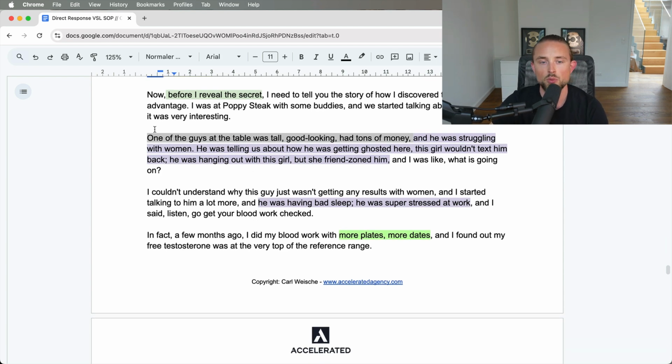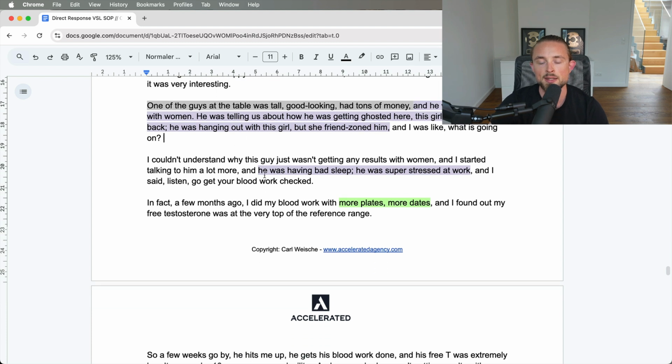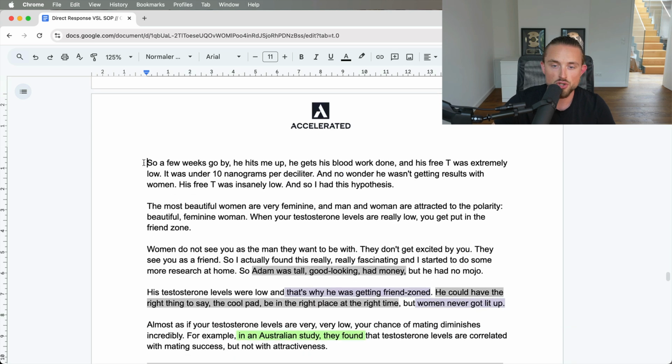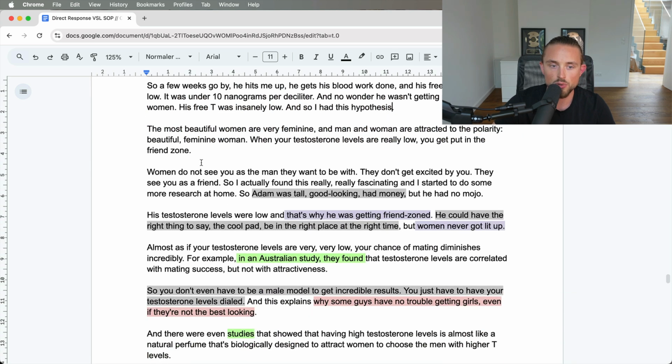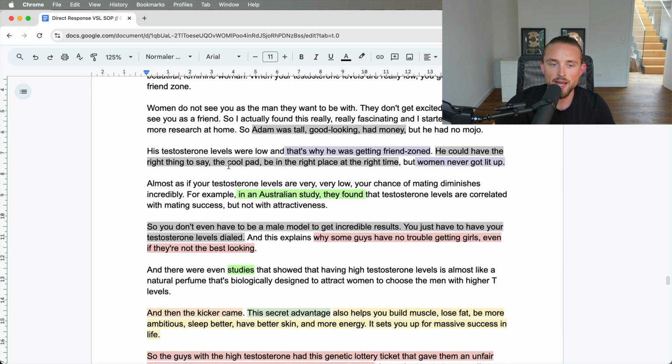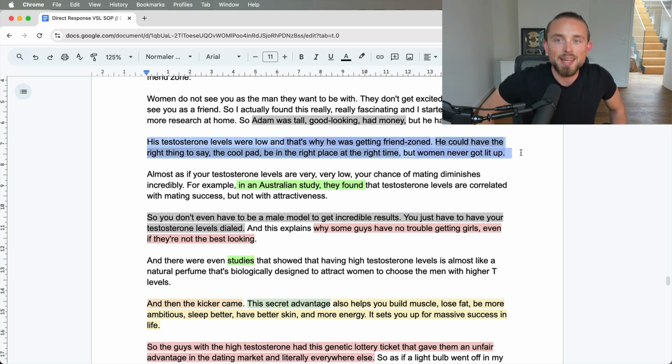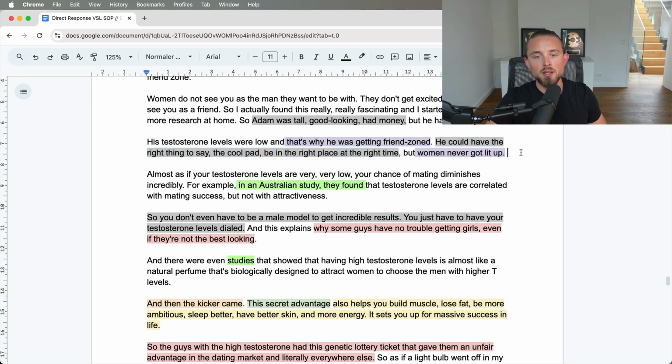So that's why we open up the story at him being at Poppy Steak with some buddies, and then again doing some objection handling and talking about current pain points and really building this relatability to the audience, and then talking about testosterone and why testosterone is so important, right? And then we really educate them around, hey, the main problem is that his testosterone levels were low, and that's why he was getting friend-zoned, right?